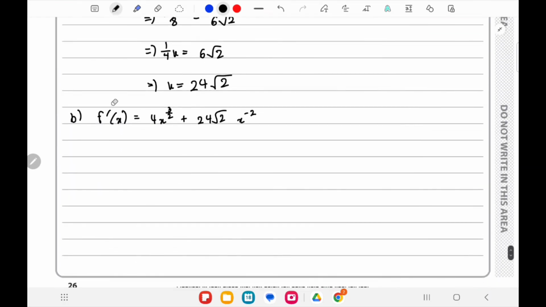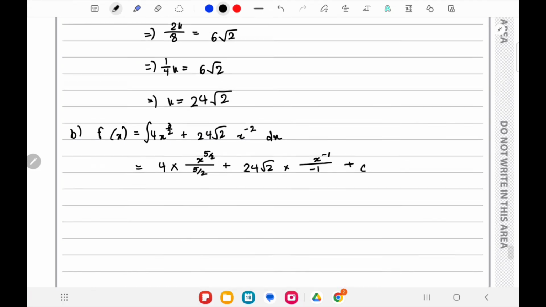So we have to find the integral of this to find f of x. So we'll have 4 into x to the power 5 by 2 divided by 5 by 2 plus 24 root 2 into x to the power minus 1 by minus 1 plus c.